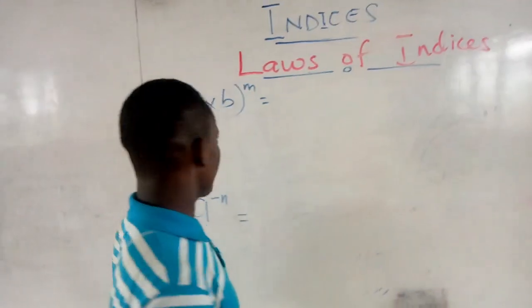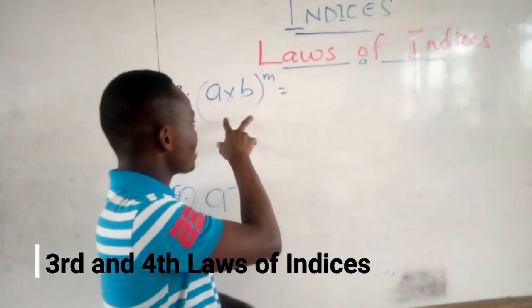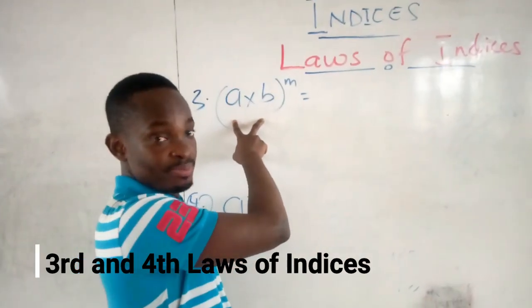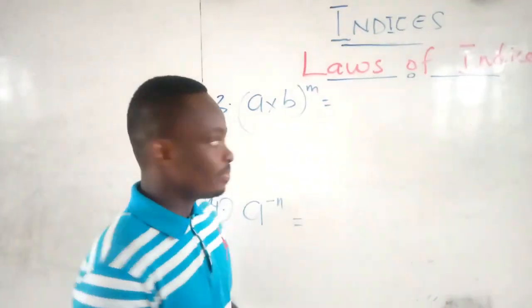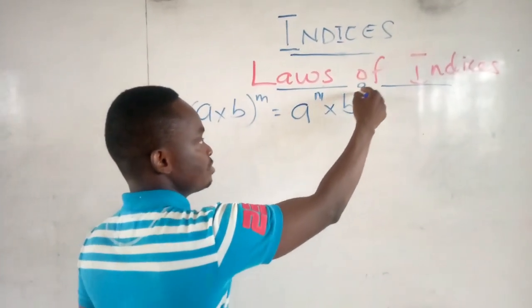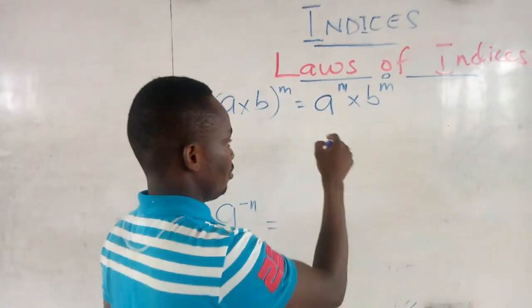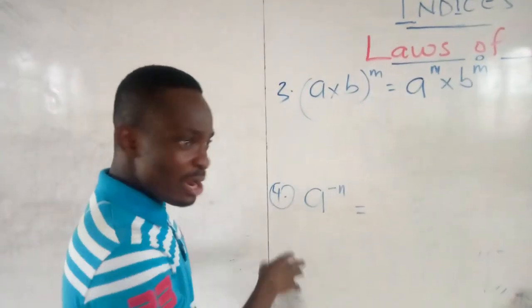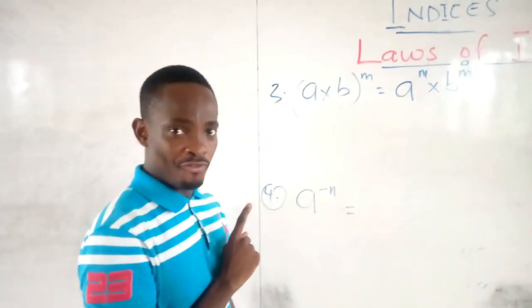Third and the fourth law, we are saying that if you're multiplying 2 bases now to the power m, it becomes a to the power m times b to the power m. Now we call this the inverse of an index.